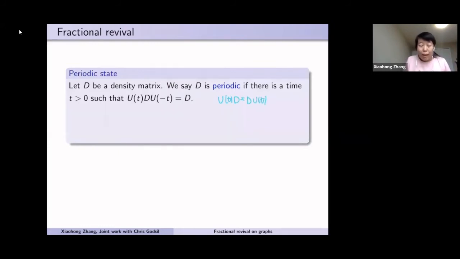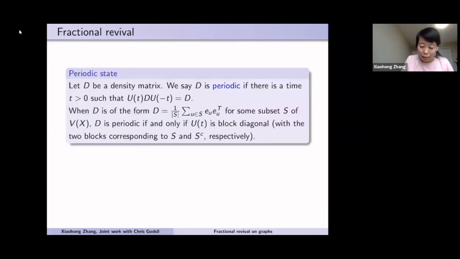If we check the initial state we are interested in, which looks like that, we have a subset S of the vertex set. We just have the corresponding diagonal entries being 1 and the others 0, and scale it to have trace 1. For this one, the commutativity of the two matrices is in fact equivalent to A being in block diagonal form with the two blocks indexed by set S and its complement.